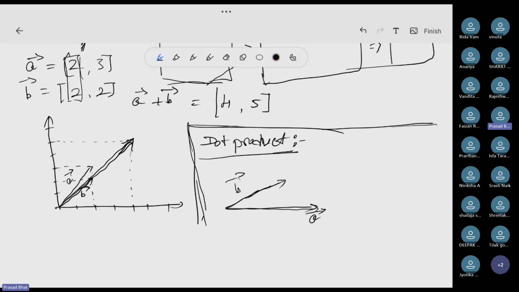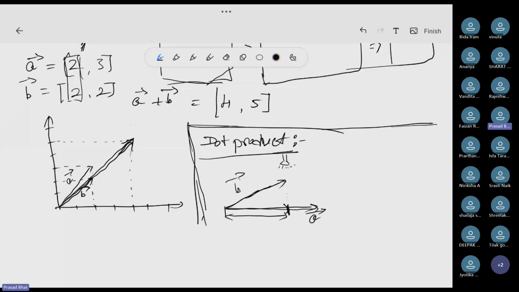If I flash a light from this point, then the shadow that this B vector is going to cast on A, this part, is the dot product. So what is this essentially telling you? It is telling you the effect of B on A, or the presence of B in A.